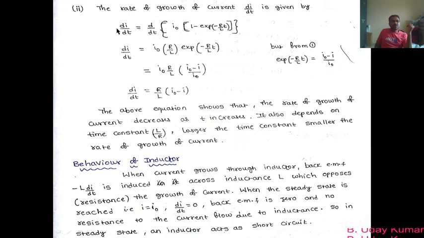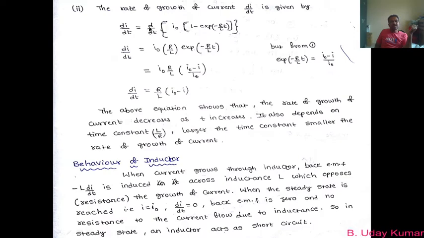Now we try to understand how the current is growing with respect to time. This is called the rate of growth of current, which is mathematically denoted by di by dt.